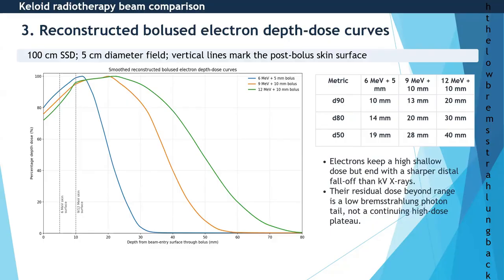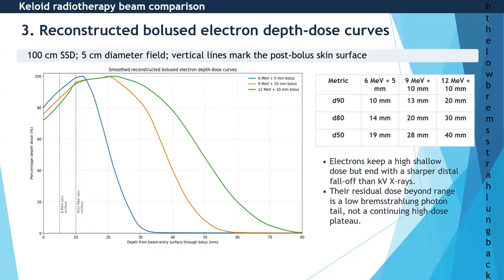We put 5 millimeters of bolus to bring up the surface dose, because the surface dose may be less than 80% if it were applied directly to skin. So this is why we would apply maybe a wax layer, 5 millimeters thick, and that will bring the dose up for the 6 MeV beam to around 90%. And the depth dose then extends beyond that.